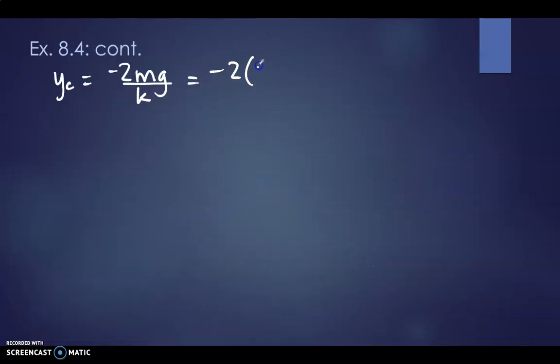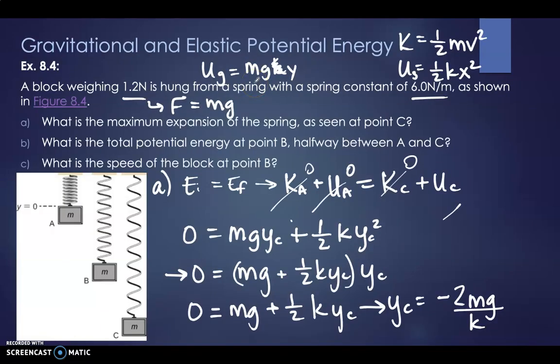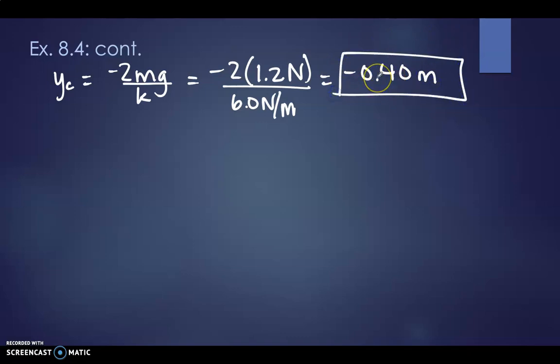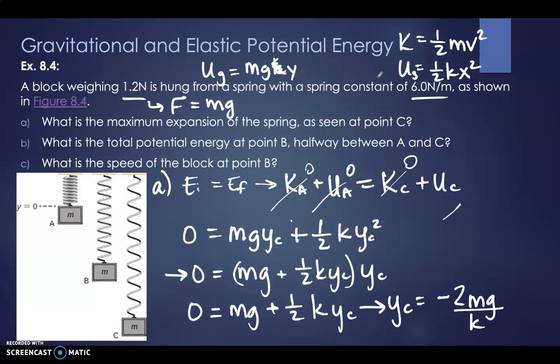So I will put 1.2 newtons here. And our spring constant is 6.0 newtons per meter. So we can plug that into our calculator: 2 times 1.2 divided by 6, and we get negative 0.4 meters. So this is our maximum expansion of the spring, which is at this point C.